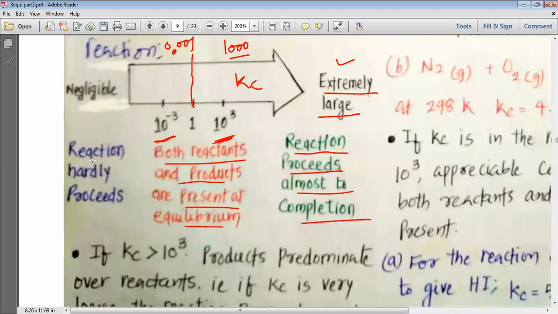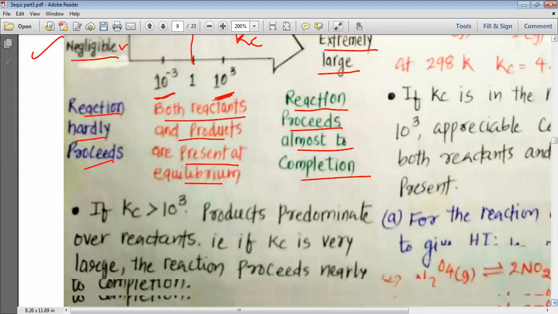In the same way, my dear students, if the value of Kc is less than 10 to the power minus 3, then the reaction hardly proceeds in the forward direction. Mostly the reactants are present at equilibrium, and the concentration of products formed is negligible.